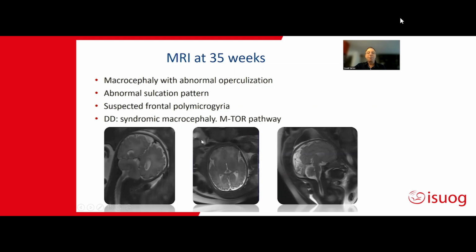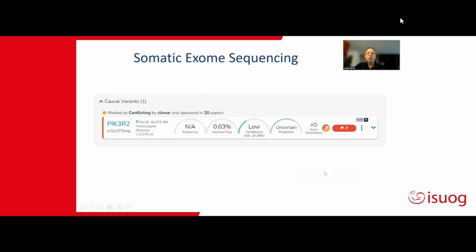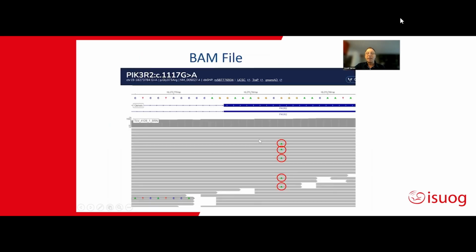It was suspected that this was caused by the mTOR pathway, but when we ran whole exome sequencing on the fetal samples, we actually overlooked this variant because it was at a very low rate. But when we took brain samples and ran them, we were able to show a higher incidence of this variant, close to 20%, and you can see this variant here.